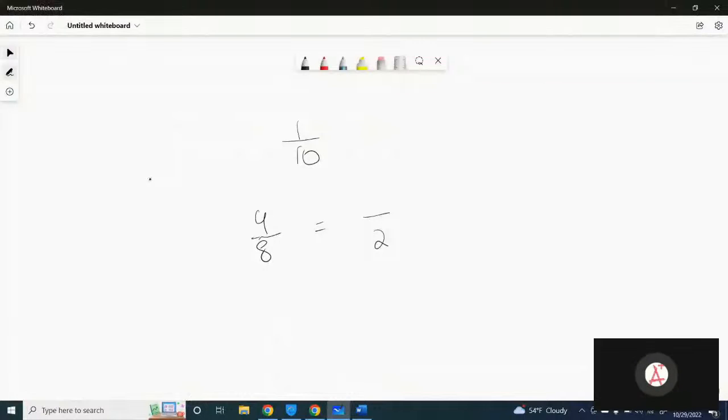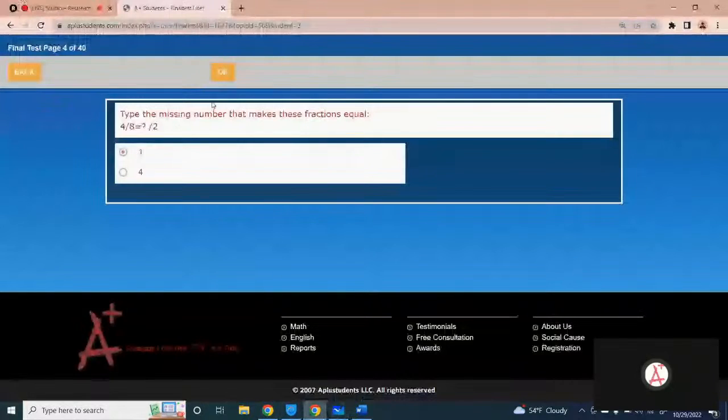That means you have to divide this fraction so that the denominator equals 2. So what number do you have to divide with? We can divide it by 4. So 4 times 1 is 4 and 4 times 2 is 8. That's how the numerator is 1. Very good, Donal, it is 1. Just select the correct option and click on the OK button.